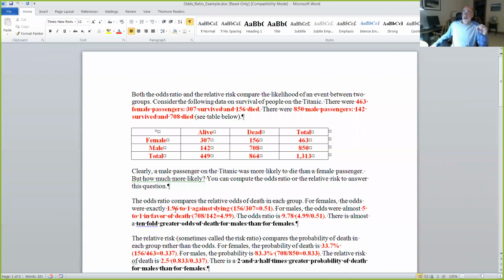So for female, the odds were 1.96 to 1 against dying, because for females, 156 divided by 463 was the probability of dying, whereas 307 divided by 463 is the probability of not dying. So the probability of dying divided by the probability of not dying gives you odds of 1.96 to 1.